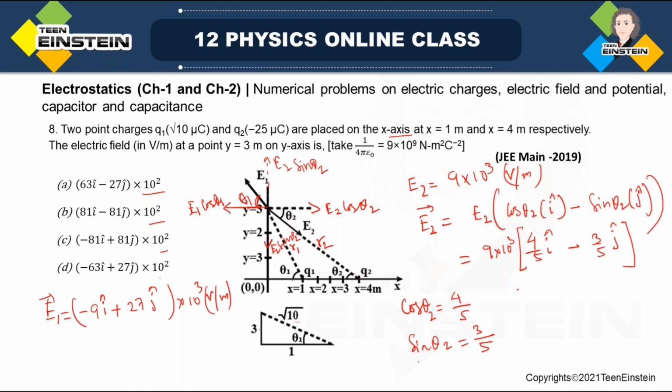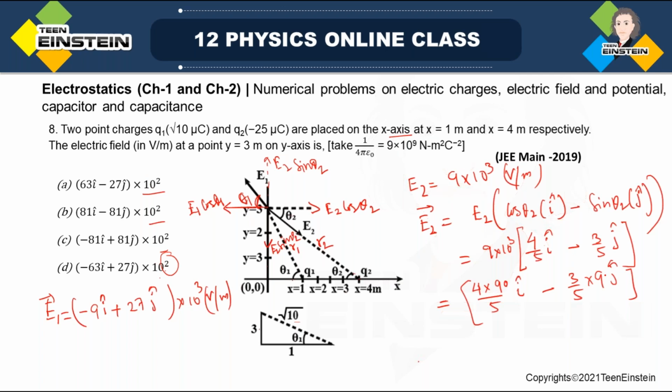All right, let us see what is going to happen. Okay, so we can now multiply. So this is 9 into 4 by 5, minus 3 by 5 into 9 j cap, and let me just do one thing because all of them are of the order of 10 to the power minus 2.